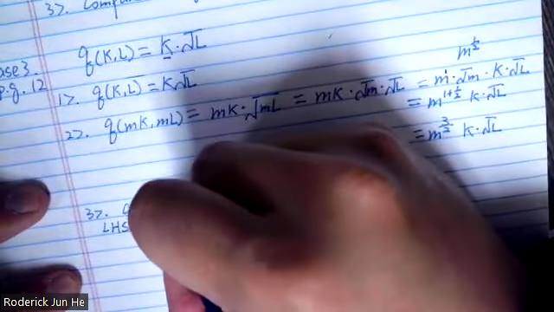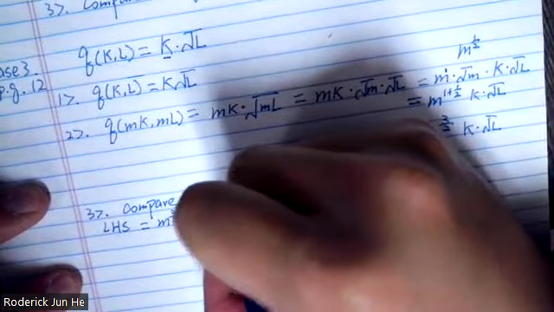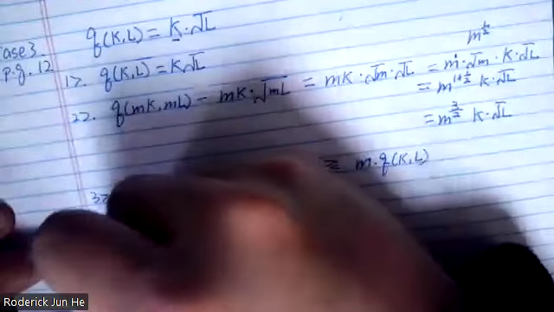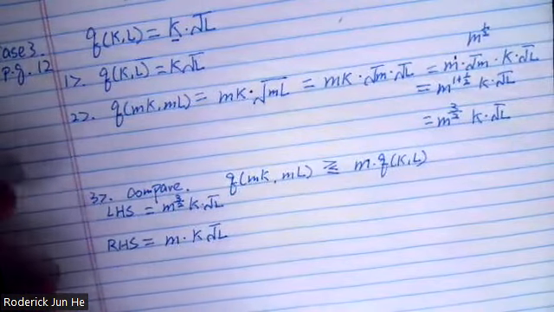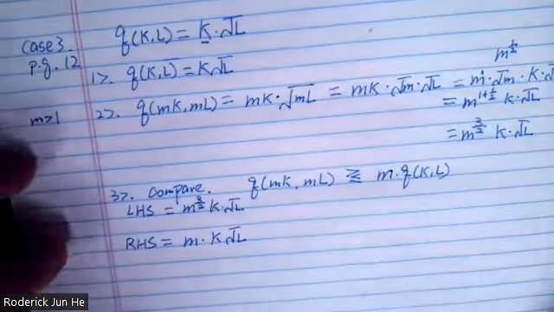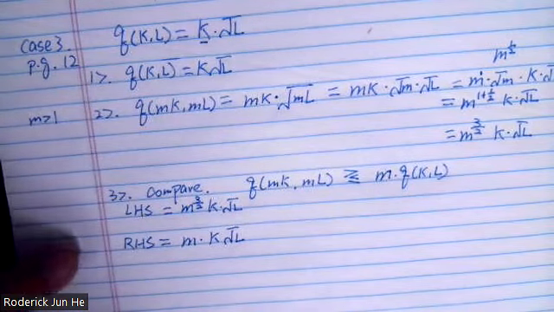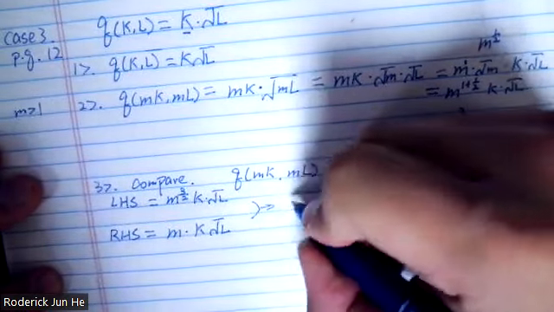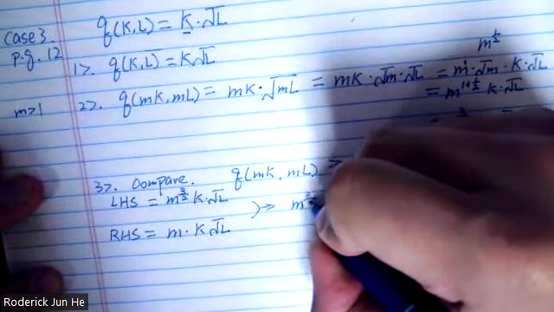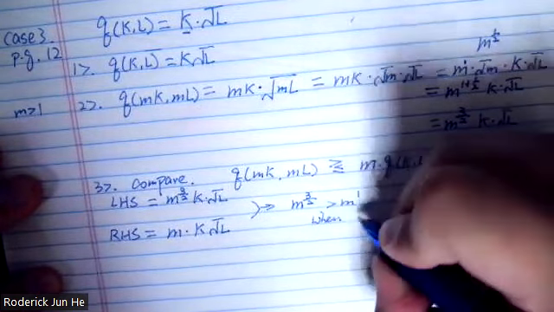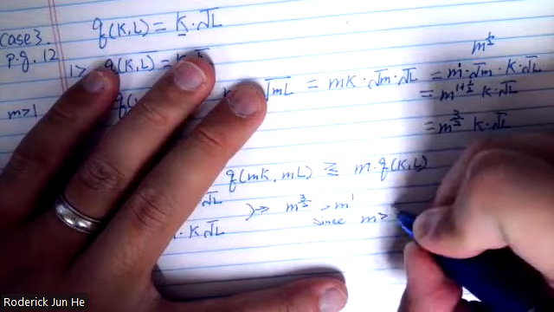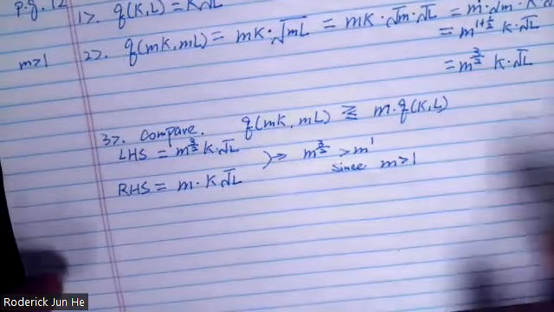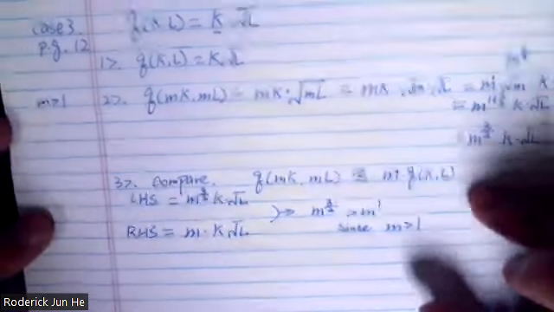According to step 2, that's M^(3/2) K times the square root of L. And the right-hand side is M times K times the square root of L. Knowing that M is greater than 1, because we are discussing whether we should be expanding the scale or not, in this comparison M^(3/2), with a power that is greater than 1, should be greater than M to the power of 1, since M is greater than 1.